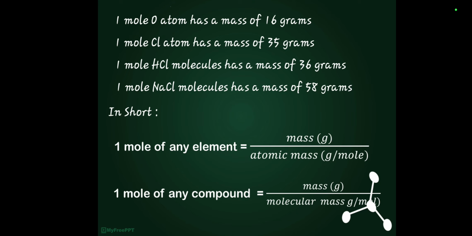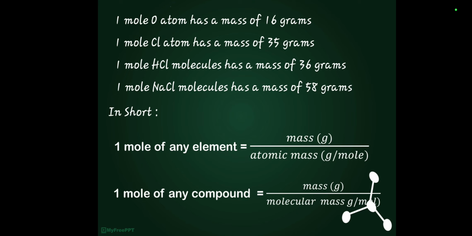So add 1 plus 35, the atomic weight of hydrogen, which is 1, and the atomic weight of chlorine, which is 35. If you add them, the result is 36 grams. That is why a hydrochloric acid molecule has a mass of 36 grams. I hope you get my point. Next, we have 1 mole of sodium chloride molecules, which has a mass of 58 grams. So, where do we get the 58 grams?